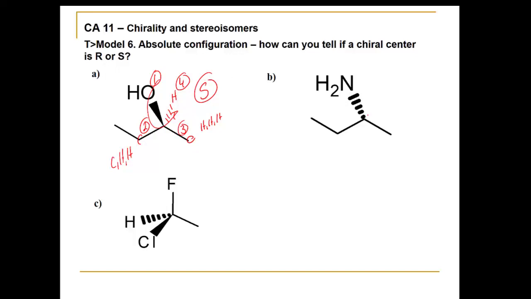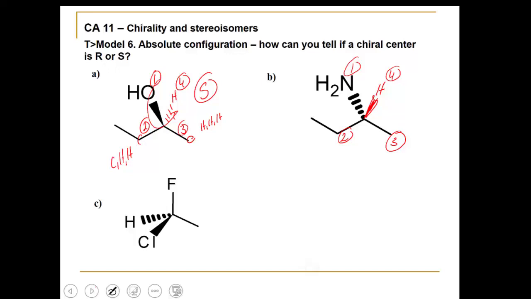Moving on to molecule B, what's not written on the chiral center is a hydrogen. And then I prioritize. So I've got 1, I've got 4, over here is 2, and here is 3. Be careful. We've prioritized, but our lowest priority group is not going back.